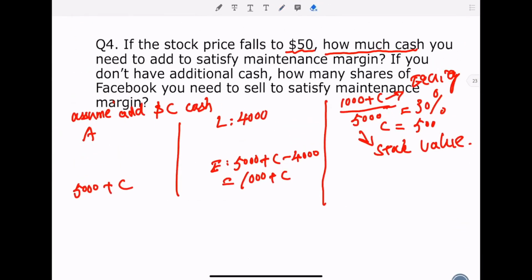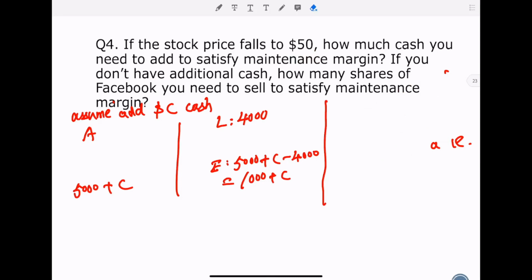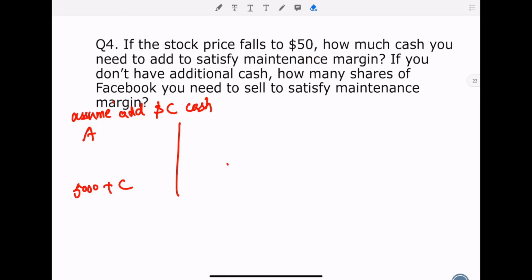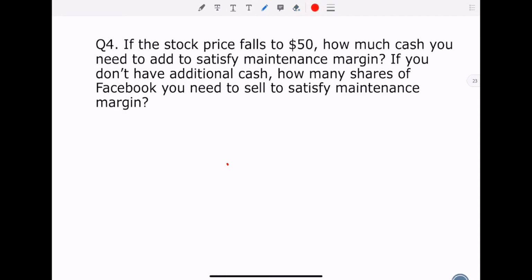The next question says, let's say you're very unlucky, that is, you don't have enough money. So the only choice you have now is to sell your Facebook stock to satisfy the maintenance margin. Now the question is, how many shares of your Facebook do you want to sell to satisfy the maintenance margin? So let's assume you need to sell X shares of your Facebook stock.